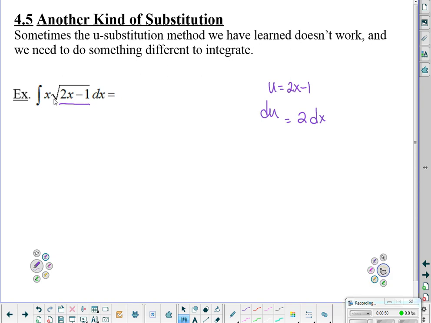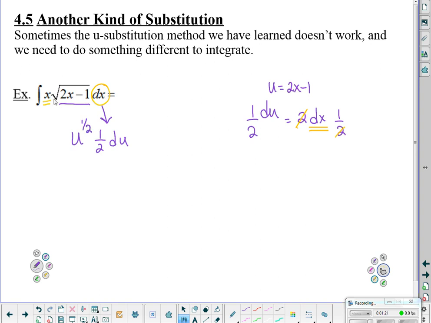However, I've got just a dx, so let's get rid of this 2 by multiplying by 1/2, and the 2 cancels to divide and make 1. So 1/2 du will be our dx. There's 1/2 du, which makes the dx. This will be u to the 1/2.